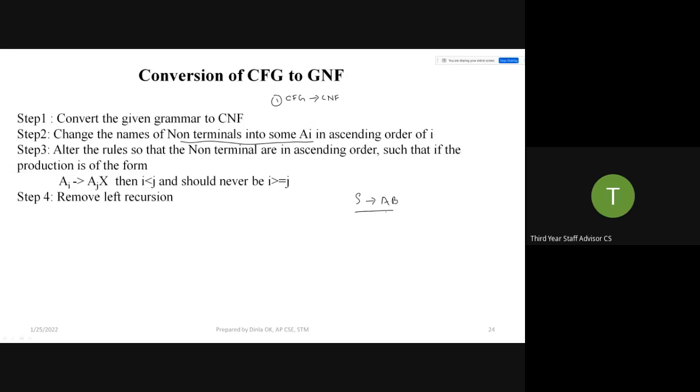What do we do with the non-terminals inside it? We rename them, according to the order in which the non-terminals are present. We are renaming the names of the non-terminals.